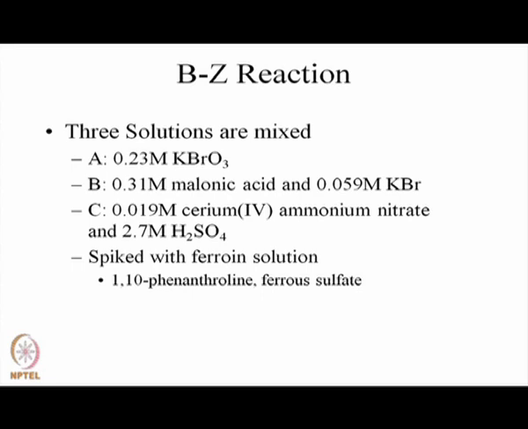B is 0.31 molar malonic acid and 0.59 molar KBr, and the C solution is 0.019 molar ceric ammonium nitrate, okay, and 2.7 molar sulfuric acid and spiked with Ferroin solution as indicator. Ferroin is nothing but 1,10-phenanthroline ferrous sulfate complex. It is a blood red color, Ferroin indicator.